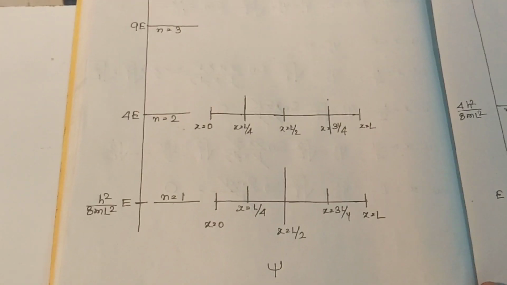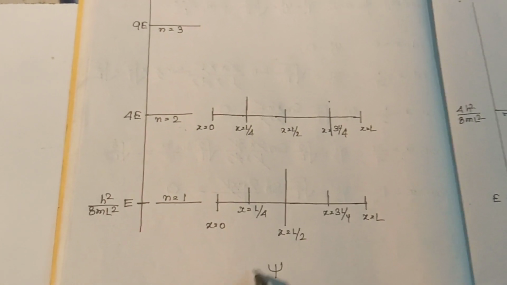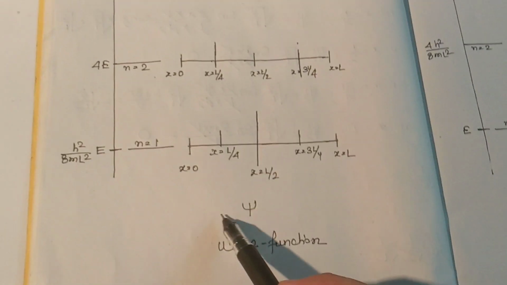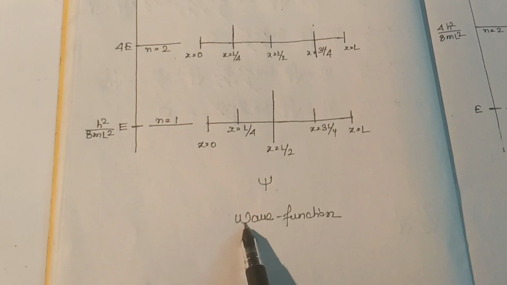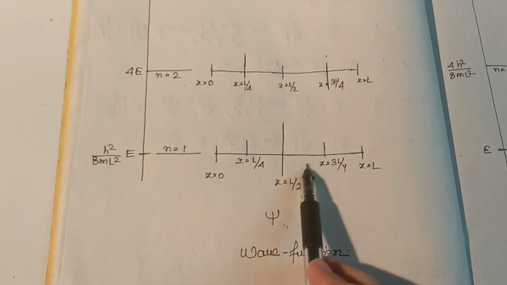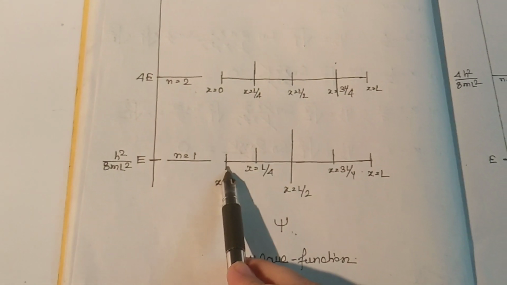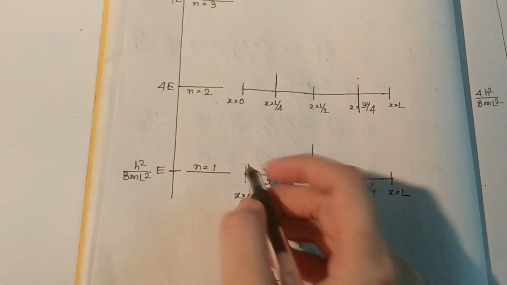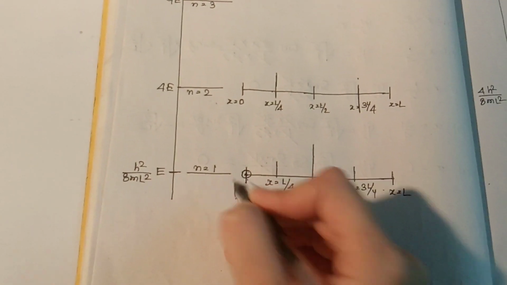Here we can write the different values of the psi wave function. We are putting the different values of wave function psi at different positions of the box. When x is equal to 0, the value was 0. So the particle must be exactly at 0 position.